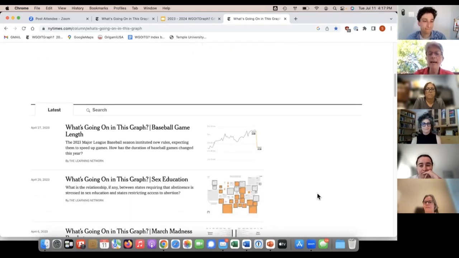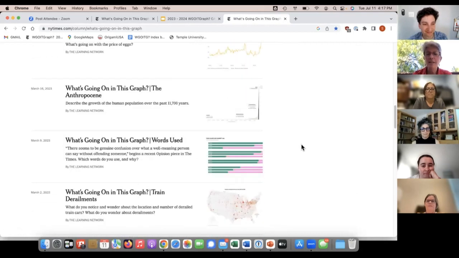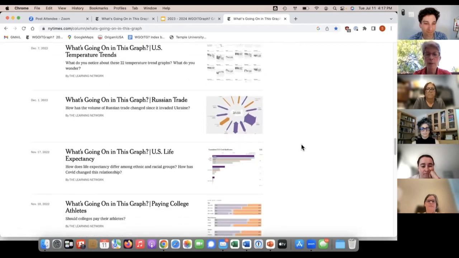And we're going to go down to the graph on international optimism. Notice they're in reverse chronological order, with the last graph being the length of baseball games. We always try to do something seasonal at the end of the year, but the one right before that is sex education by state. And we're going to go down to the graph we were using.